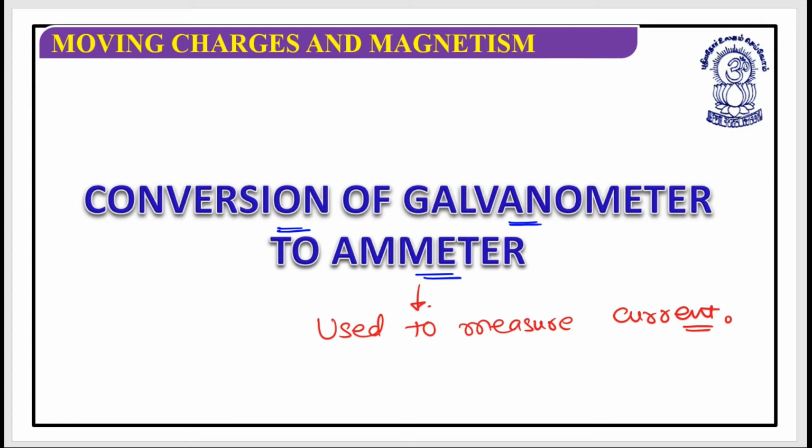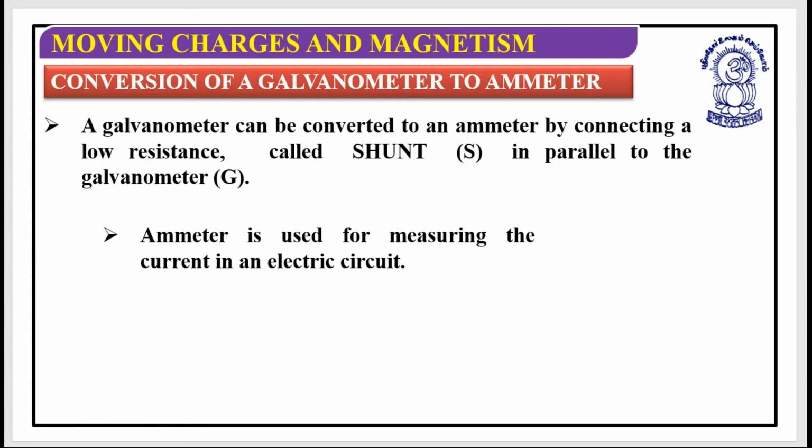Now what we are supposed to do is convert this galvanometer to an ammeter. How do we convert it? A galvanometer can be converted to an ammeter by simply connecting a low resistance called a shunt in parallel to the galvanometer.